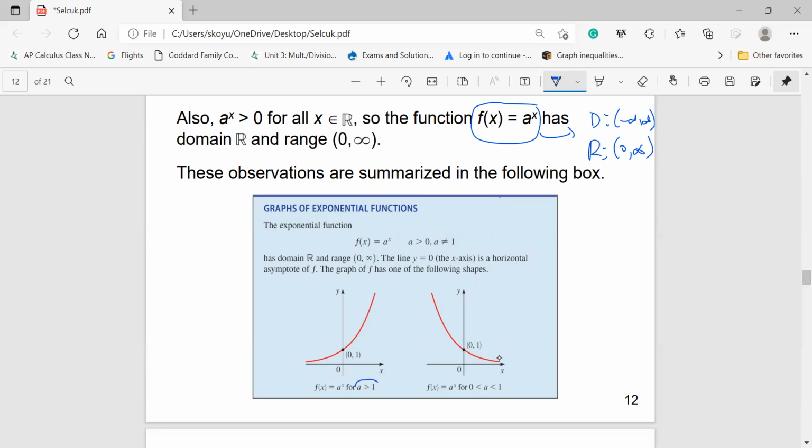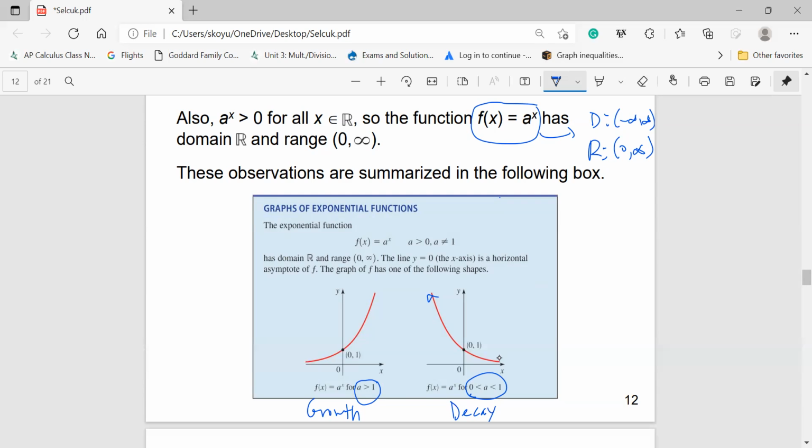So you see, when a is bigger than 1, which is when the base is bigger than 1, you get an increasing function. So like I said, we call this the growth function. And when the base is between 0 and 1, it's a decreasing function, and we call this a decay function.